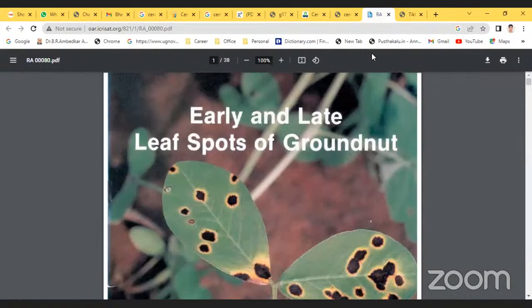In severe cases, stems may also be affected. In the initial stage, it is difficult to distinguish the spots produced by the two species. Cercospora personata produces spots which are usually circular in shape, dark brown in color.